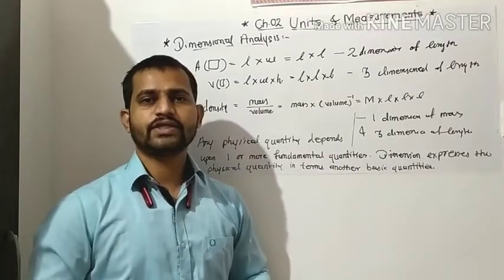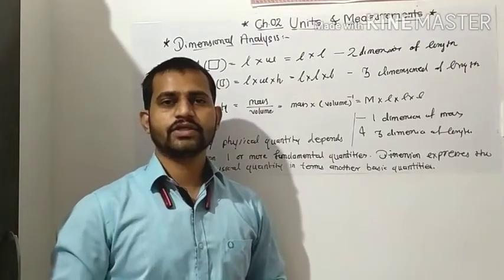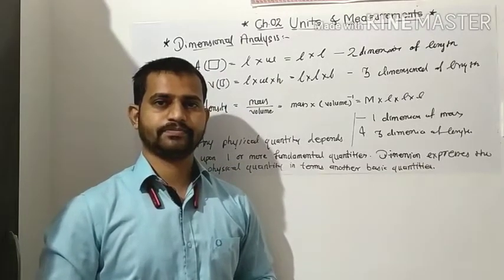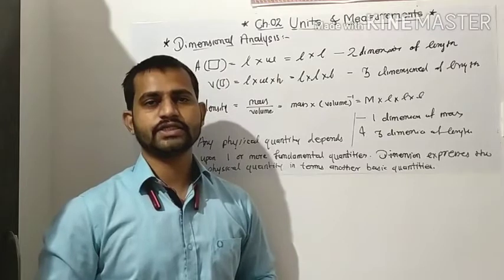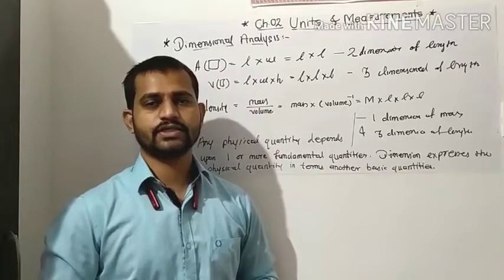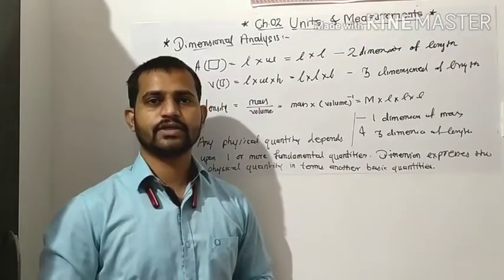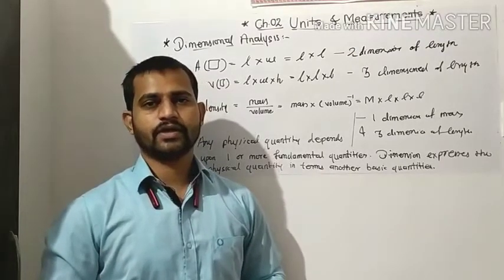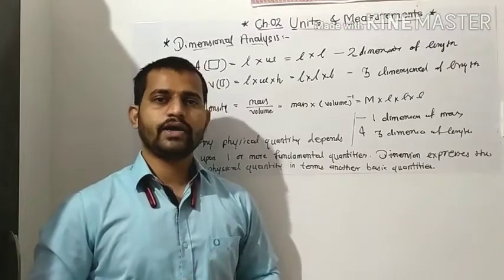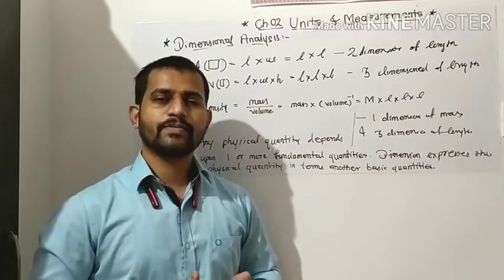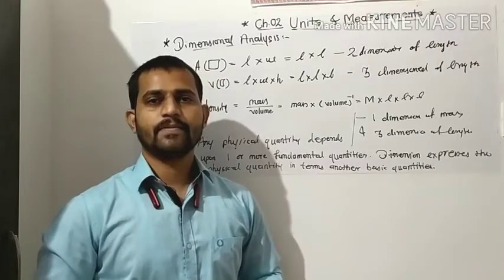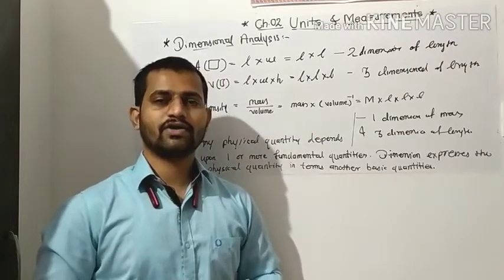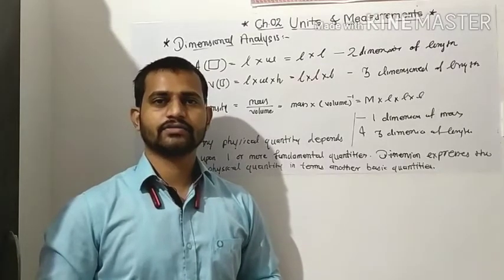Any physical quantity is expressed in terms of three basic fundamental quantities, mass, length and time. We have seen in the CGS system, the MKS system or the SI system, these three basic quantities are mainly considered.